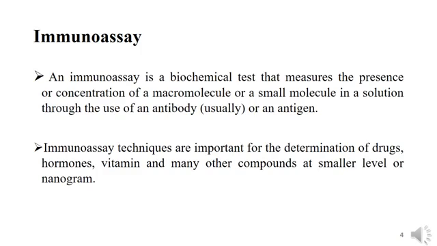Immunoassays come in many different formats and variations. Immunoassay may be run in multiple steps with reagents being added and washed away or separated at different points in the assay. Multi-step assays are often called separation immunoassay or heterogeneous immunoassay.